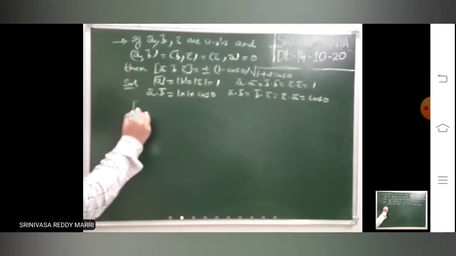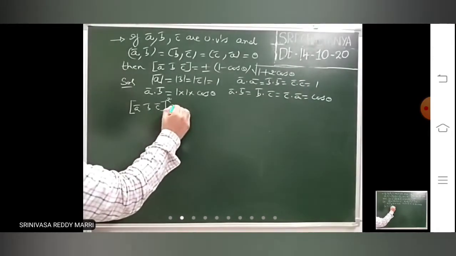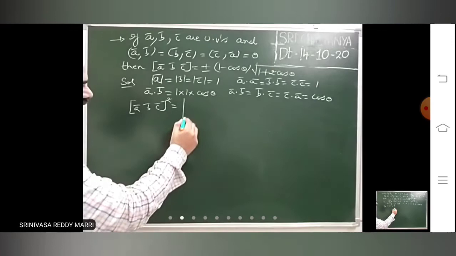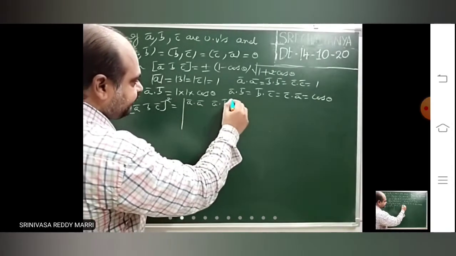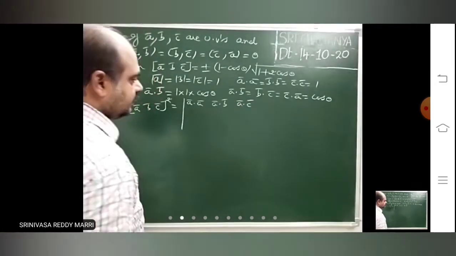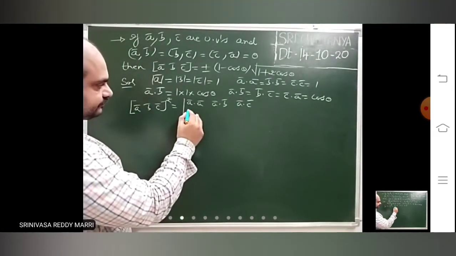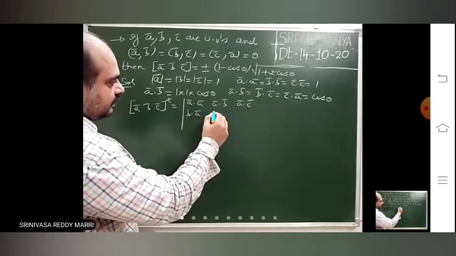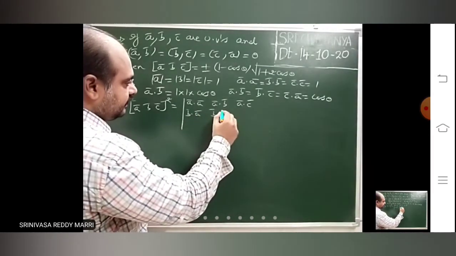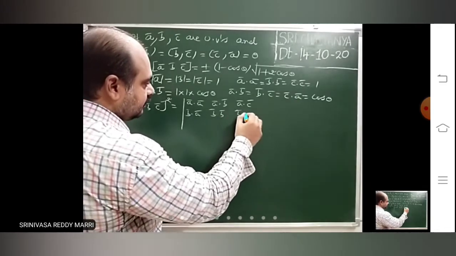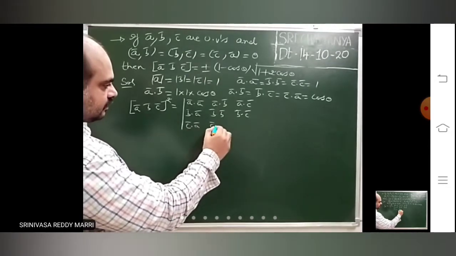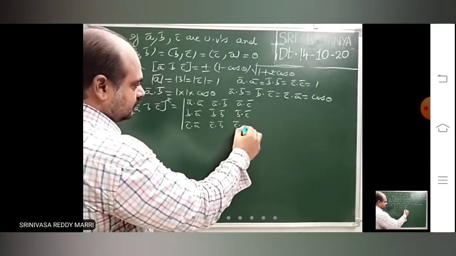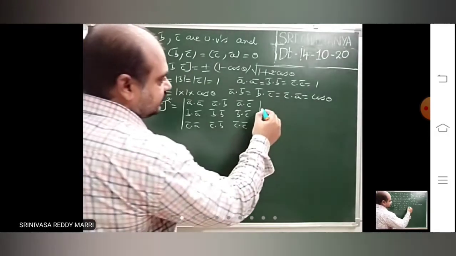Therefore, let us find out the determinant. Box whole square is nothing but the formula I told: first row A bar dot A bar, A bar dot B bar, A bar dot C bar; second row B bar dot A bar, B bar dot B bar, B bar dot C bar; and so on.